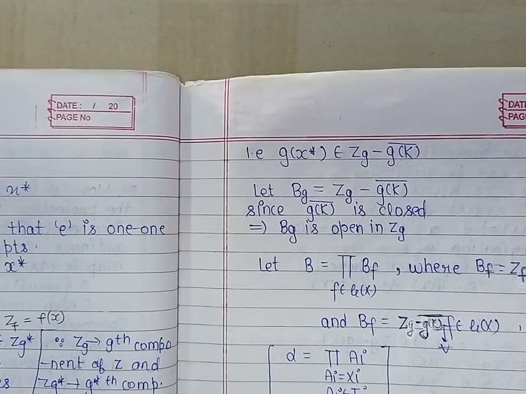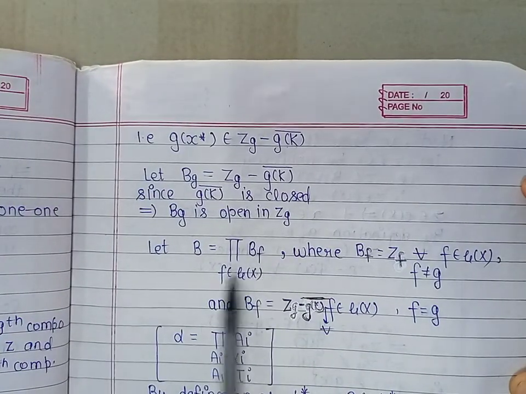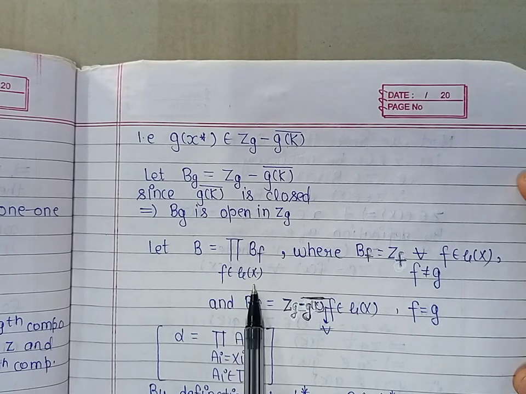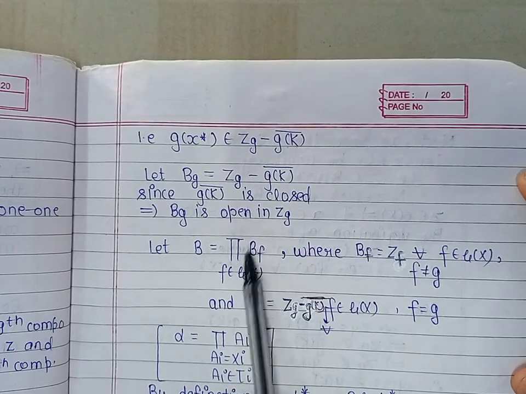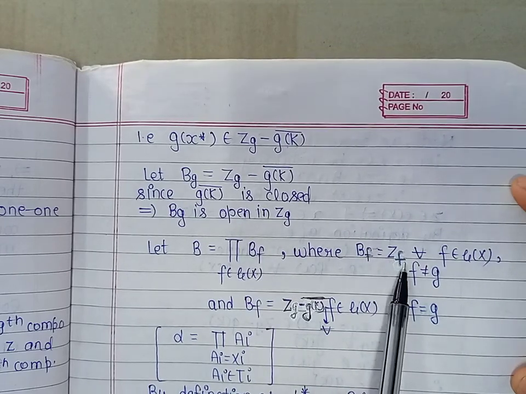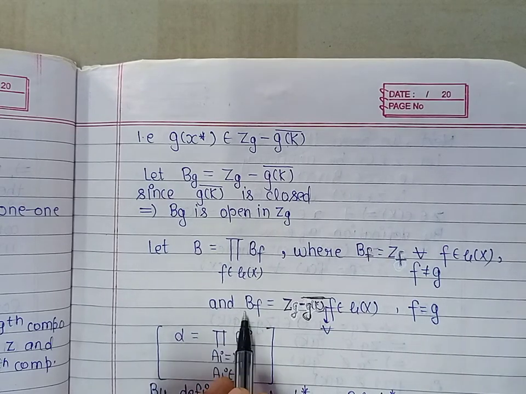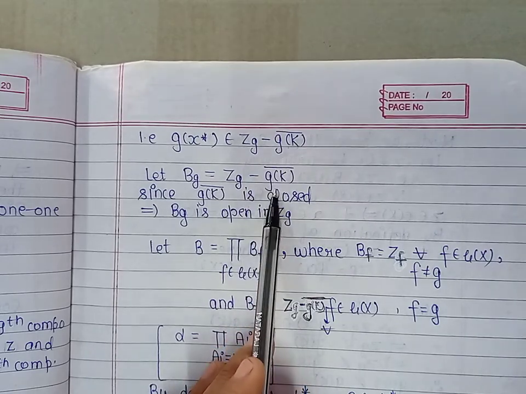Now let us define a set B of the form of product of B_f, where f belongs to the family of functions, and for f not equal to g, the coordinate sets B_f are equal to Z_f, and when f is equal to g, then B_g is defined as Z_g minus the closure of g(K).